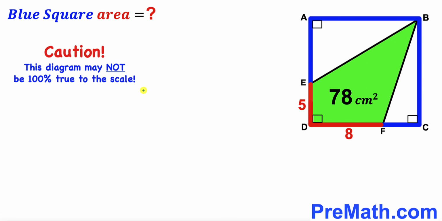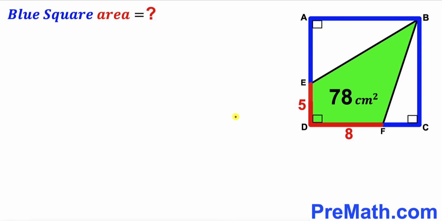Please keep in mind that this figure may not be 100% true to scale. Let's go ahead and get started. Here's our very first step. Let's focus on this blue square ABCD. Let's assume the side length of this blue square is x. Then all the sides are going to be x across the board.